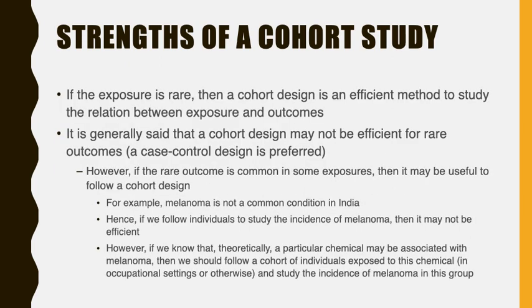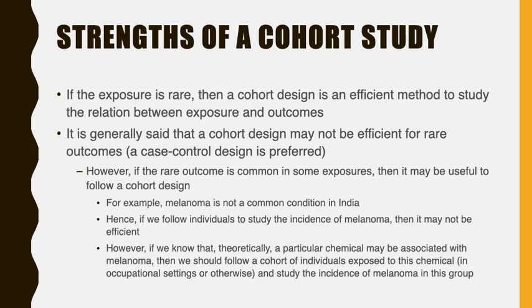Some of the strengths also include that a cohort study is really good for looking at a rare exposure, especially a retrospective cohort. But a cohort may not be the most useful for a rare outcome. Think about a case control design. But if the rare outcome is common in some exposures, we could still possibly do a cohort design.